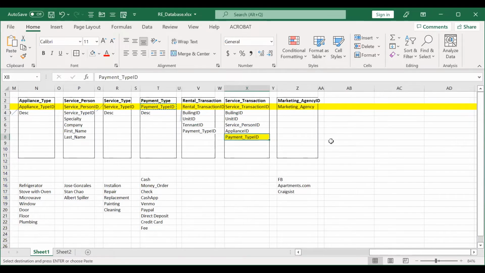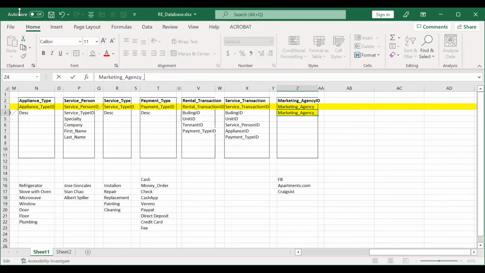Oh, there's also a marketing agency. It's how the person found out about the apartment. So there is also a marketing agency ID, obviously. And you know what? I think we can relate it to what?